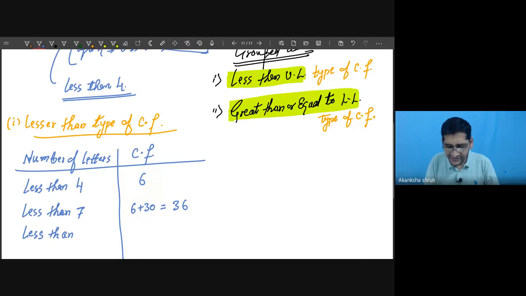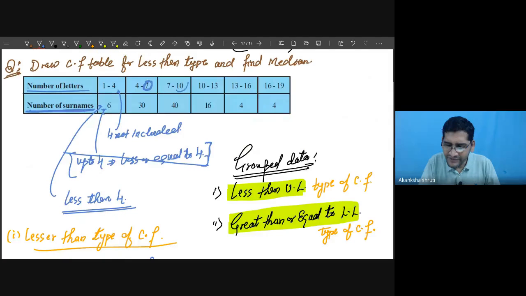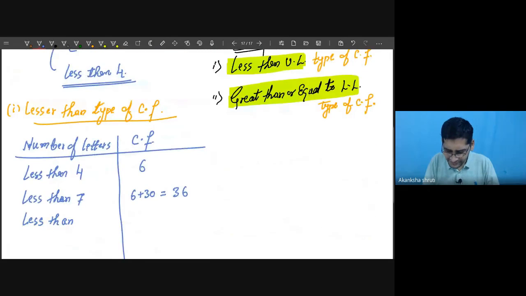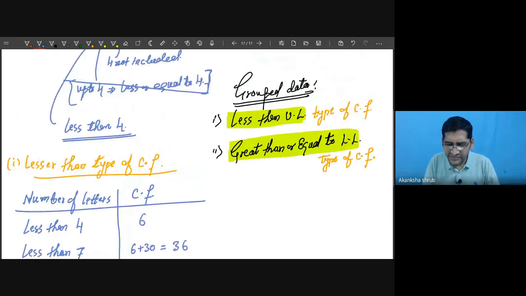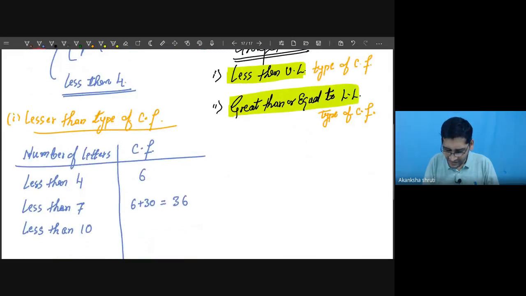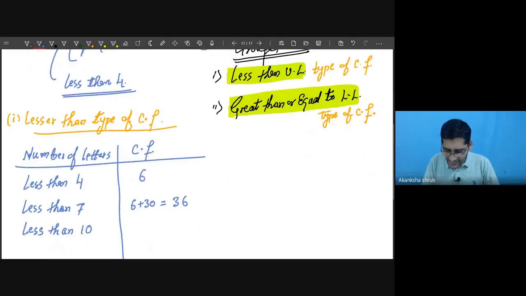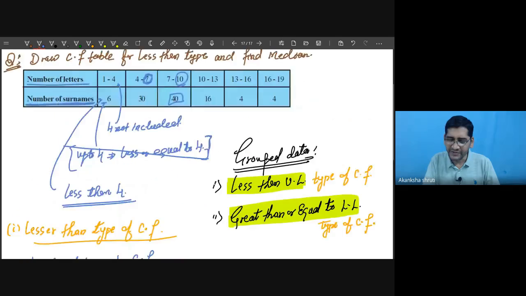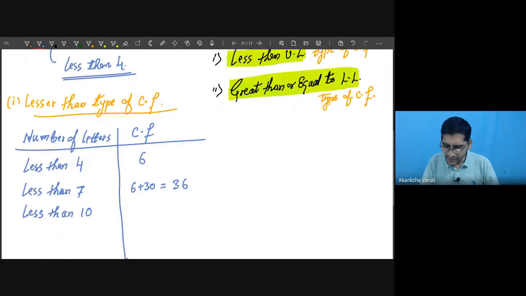Then we have to go for the next one. Less than 10, where the 40 has to be considered. Here this 40 means less than 10 includes all the frequency up to 7 and from 7 to 10. From 7 to 10 is 40, but up to 7 we have calculated 36, plus 40 becomes 76.